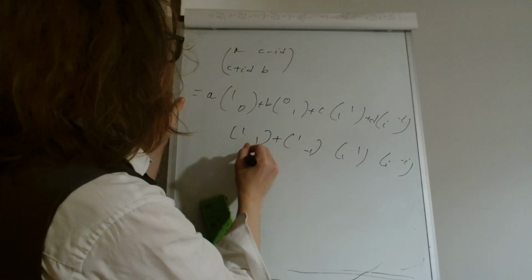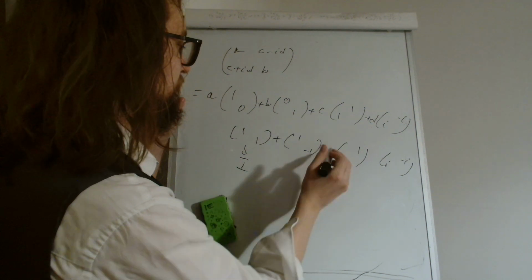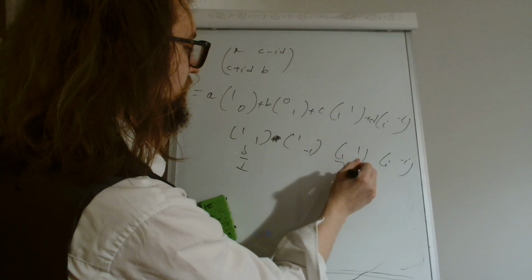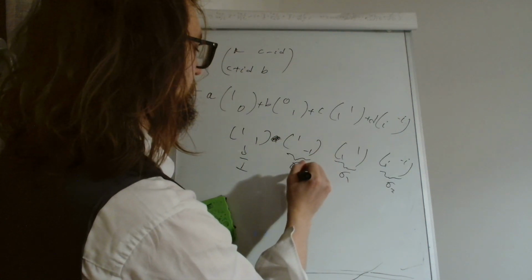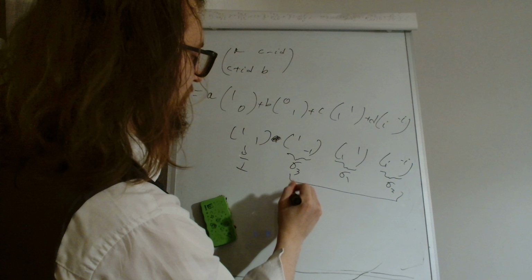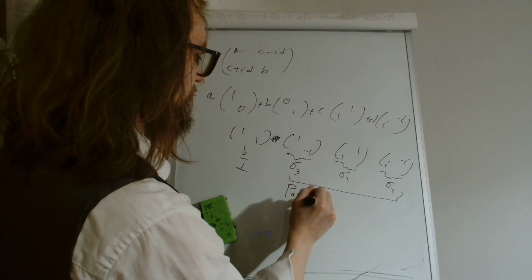Now this matrix is the identity, and this matrix is sigma 1, this is sigma 2, and this is sigma 3. They are the Pauli matrices.